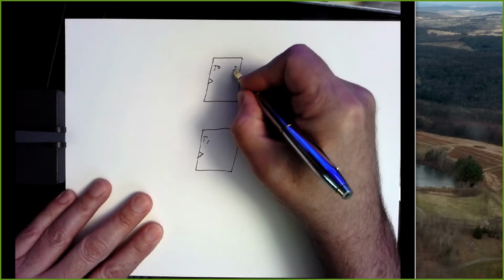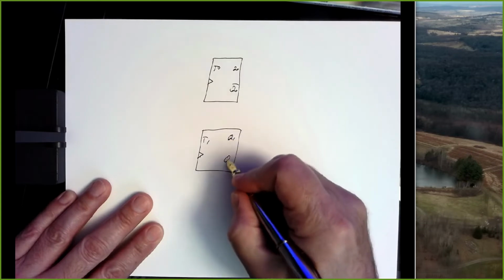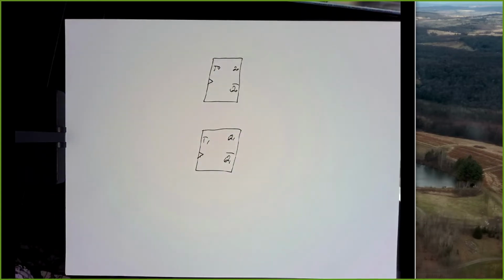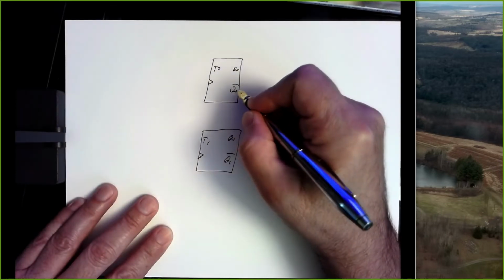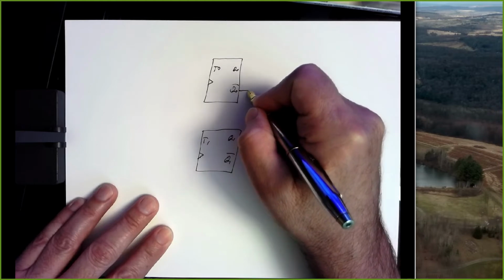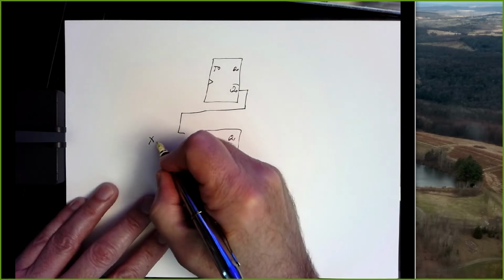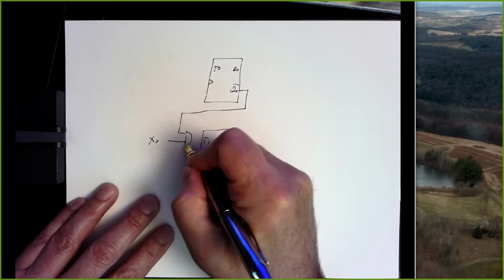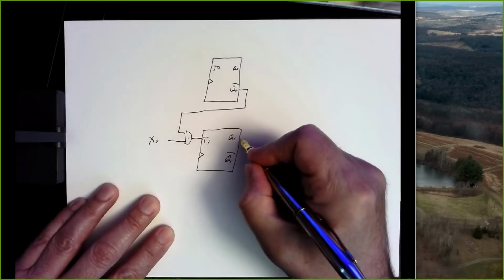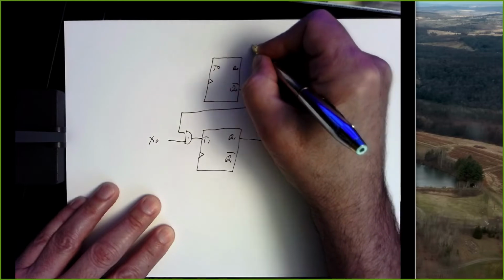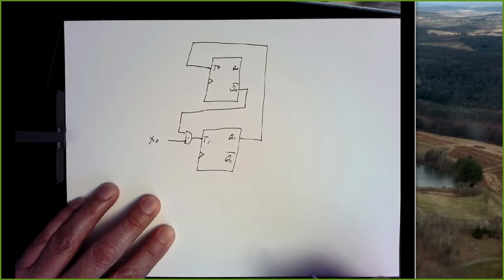So most of our flip-flops give us a pair of outputs, a true output and a complemented output. So there's Q1, Q1 bar, Q0, Q0 bar. And I don't know, let's just make something up. Let's take Q0 bar and AND it with X0 and put that into the toggle input. And let's take Q1 and feed that into the T0 input. So we're going to keep our equations pretty simple.